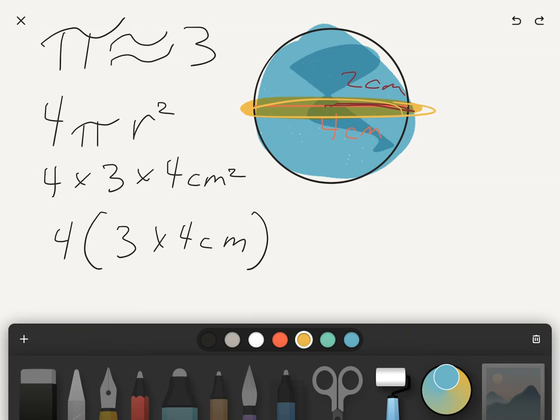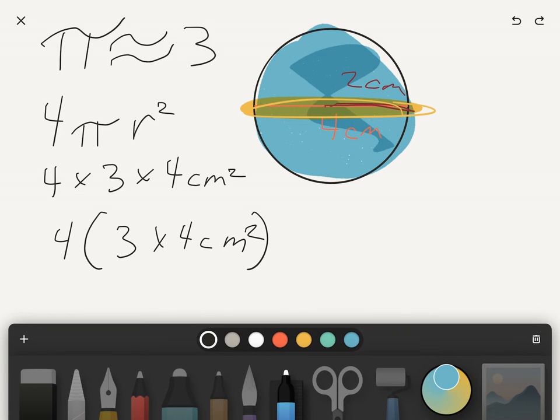There you go. 4 square centimeters, right? So this being r squared, this being our pi, and then just the rule to memorize is, for a sphere, it's 4 times that.